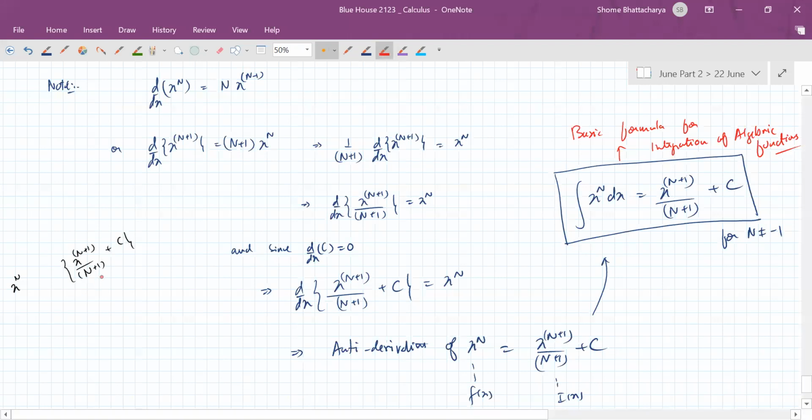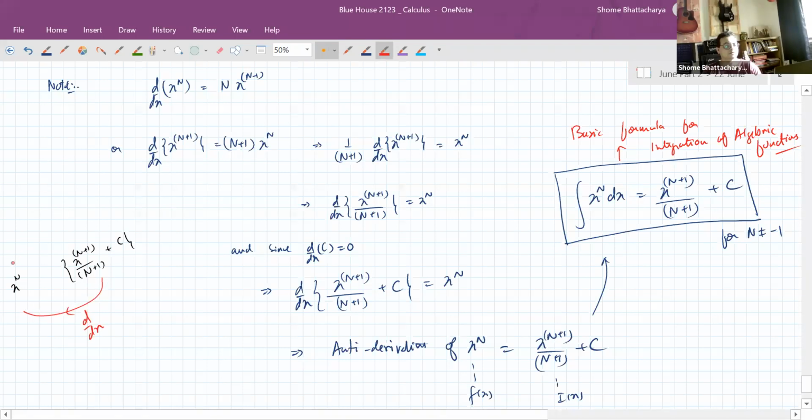So this comes by differentiation. So this comes by integration. This is the antiderivative.